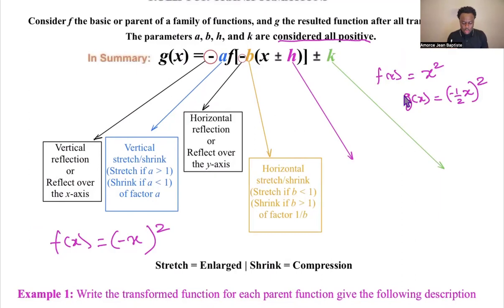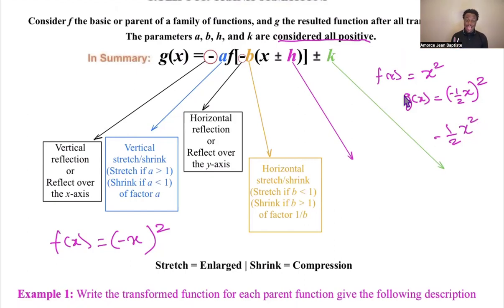Because the coefficient negative 1/2 multiplies x before taking the square, that is different from negative 1/2 x squared, which would mean a vertical transformation. Let's talk about these two, because they're different.